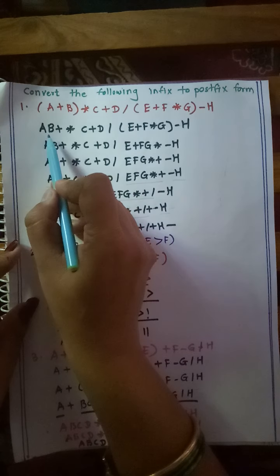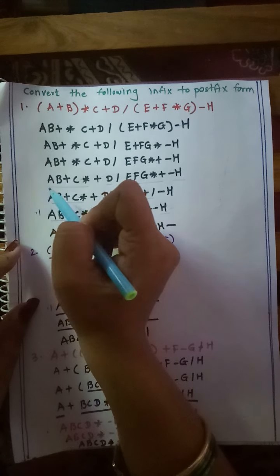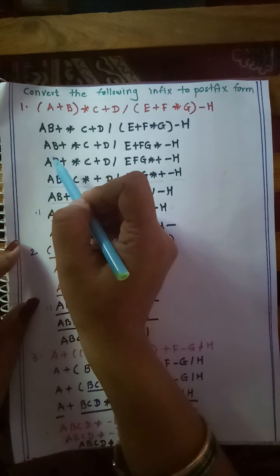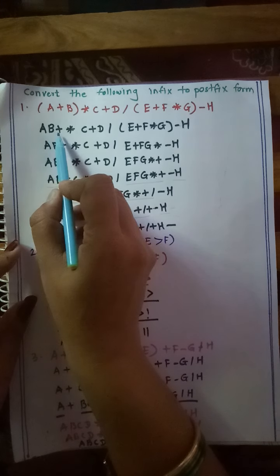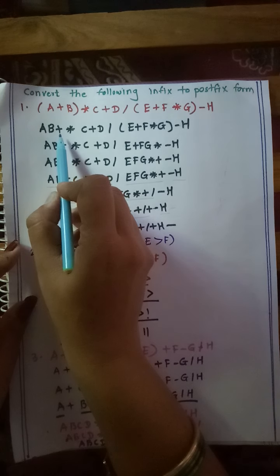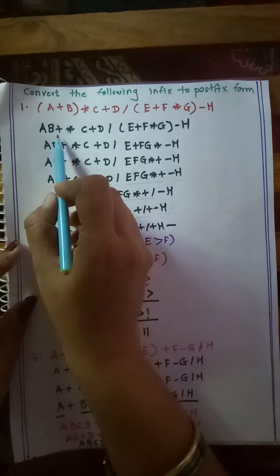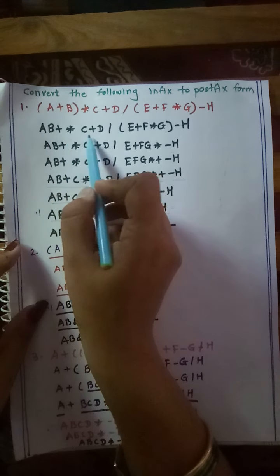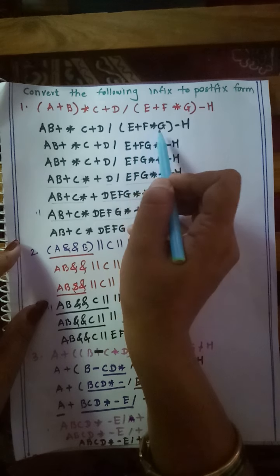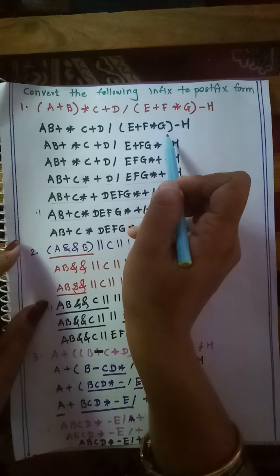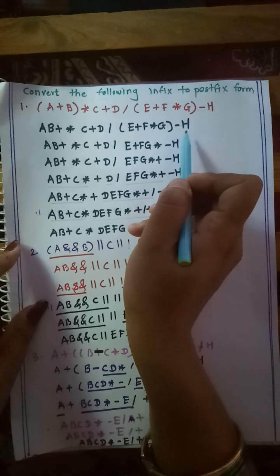I already solved all these examples, and in today's lecture I will explain them. So here a b plus is after the operand. Now here star c plus d slash, in the bracket e plus f star g, bracket complete, minus h.